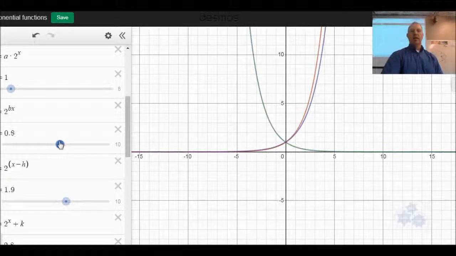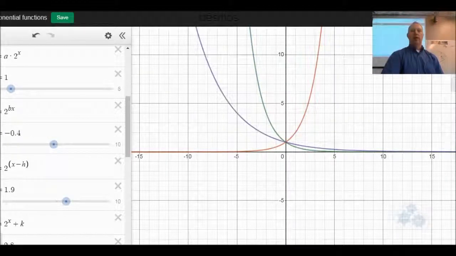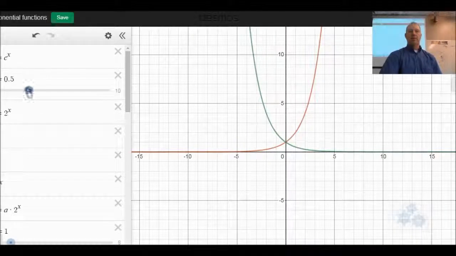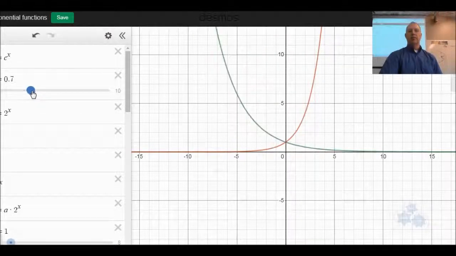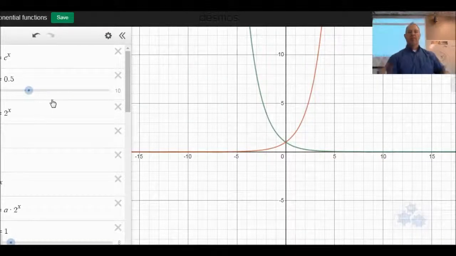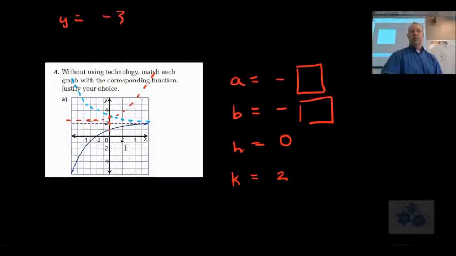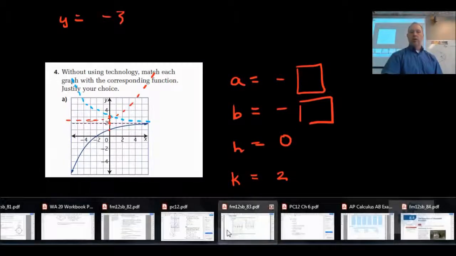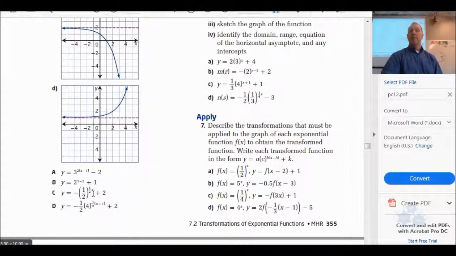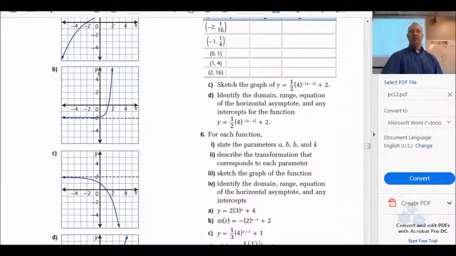So negative b could be negative b, or it could be a c value right here between 0 and 1. So they both represent this sort of a flip. So does it match up with your graph there? Okay. So yeah, it looks like C then. So C is A.